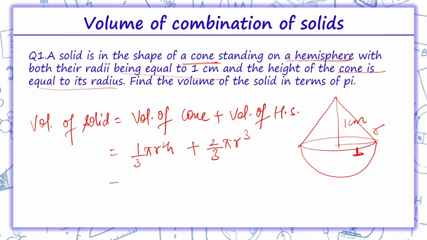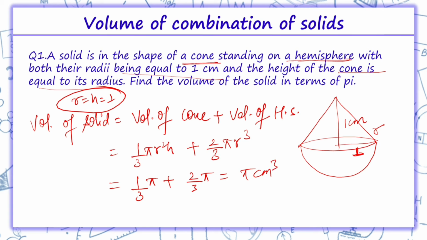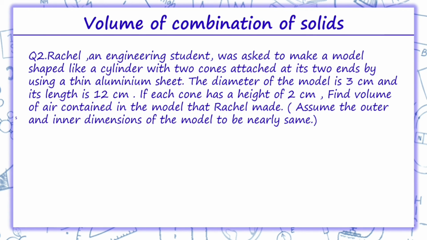Now substituting the value of r and h over here, since r is equal to h, which is equal to 1 centimeter, we'll get 1 by 3 pi plus 2 by 3 pi. Thus, we'll get 3 by 3 pi, which is pi centimeter cube only. So this is how we have to apply the concept of volume of combination of solids. Moving on to next question.